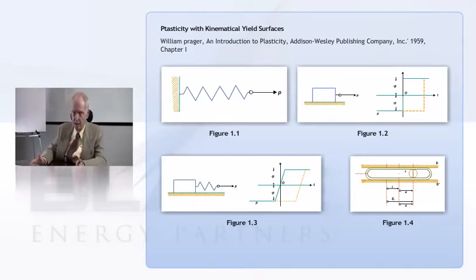Prager credits Coiter with advancing this idea of kinematic hardening. And Coiter was, let's see, his first name was Warner. His second name was Tjardus, which I can't pronounce. Anyway, he was around from 1914 to 1997. He was heavily mathematically oriented, but his main interest was elastic stability.